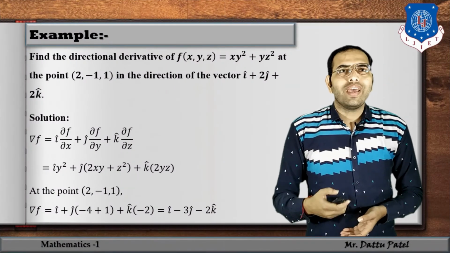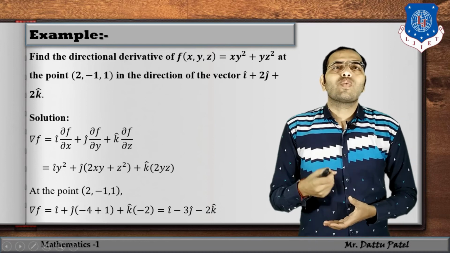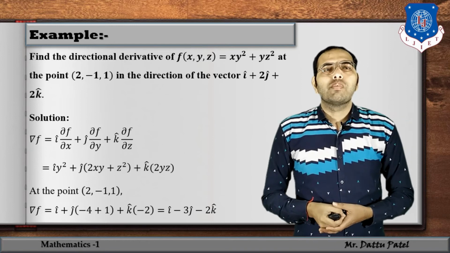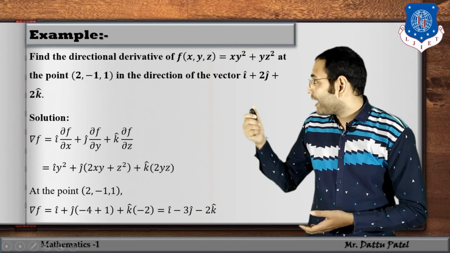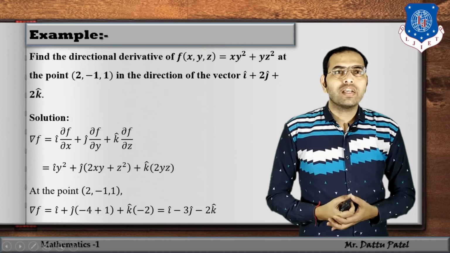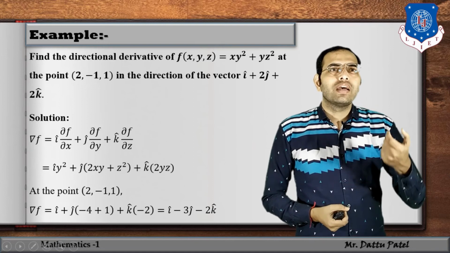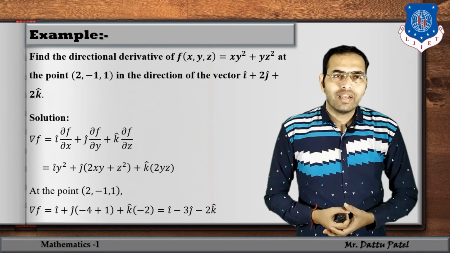Let's see one example. Find the directional derivative of the function xy square plus yz square at point 2, minus 1 and 1 in the direction of the vector i plus 2j plus 2k. Firstly, finding the gradient, grad f equals i del f by del x plus j del f by del y plus k del f by del z.